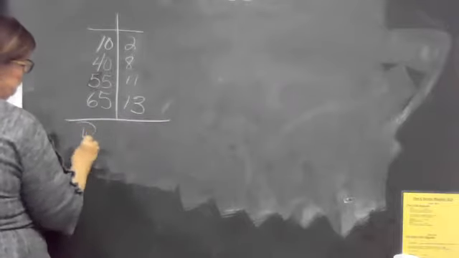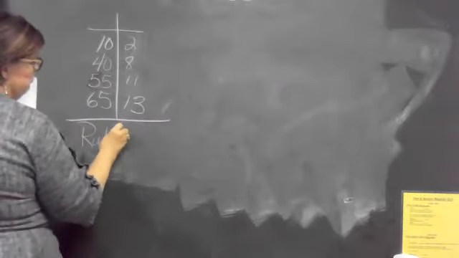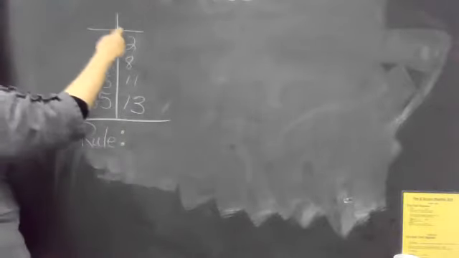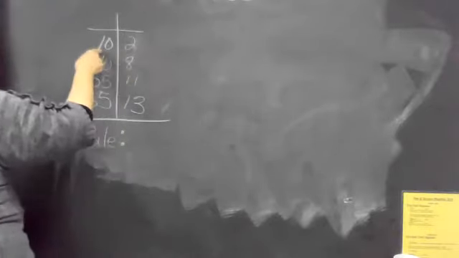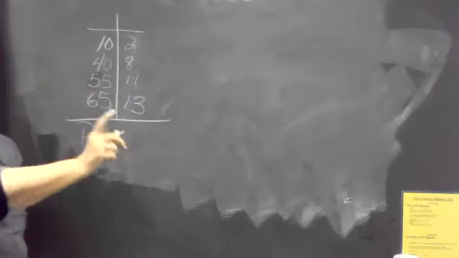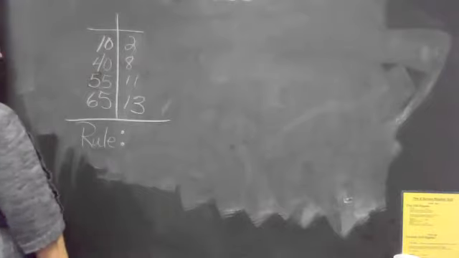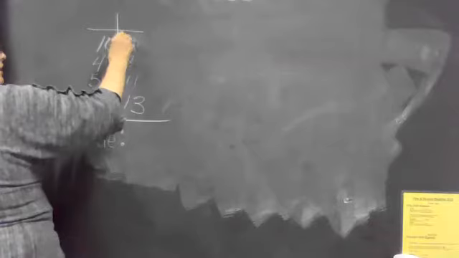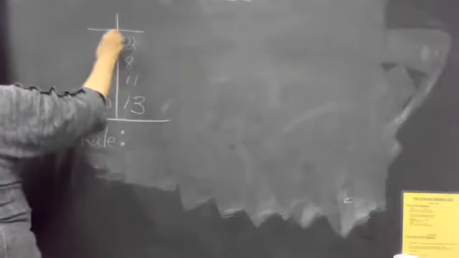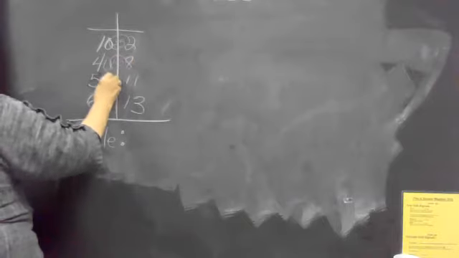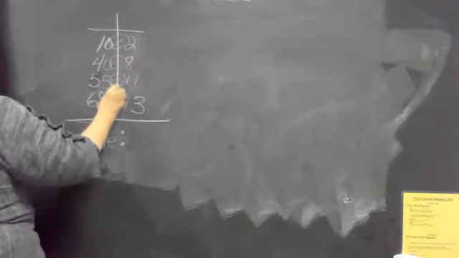And they want to know, what was the rule? What happened to this to give you this answer? I heard you here in the class, and I heard you online also. You divided by 5. Yes, I'm hearing y'all. You divided by 5. Now the rule has to work on every piece to be a rule.